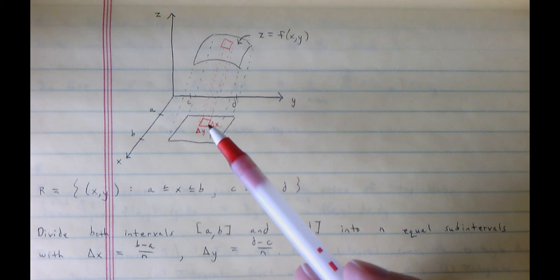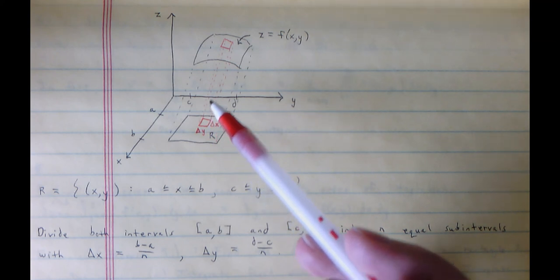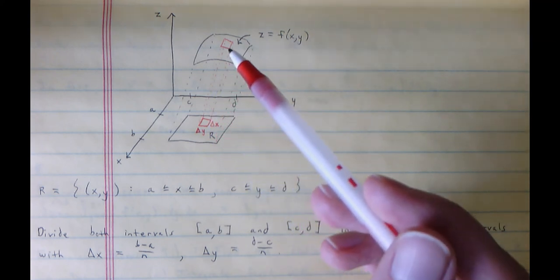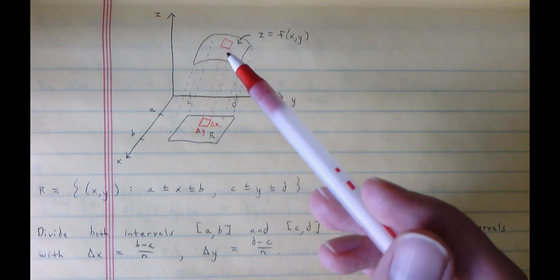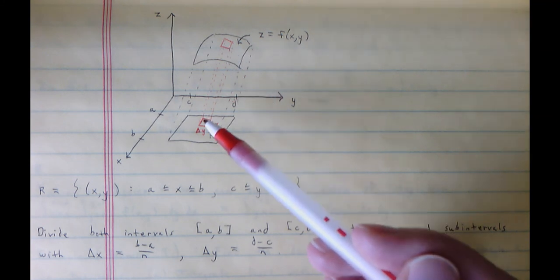That will be used to determine the height of this rectangular box that extends up to the surface. So here's f of x sub i, y sub i. I chose the sample point to be that lower right corner of the rectangular box, so it maps to this point. And that's what we use to determine the height of this rectangular box.